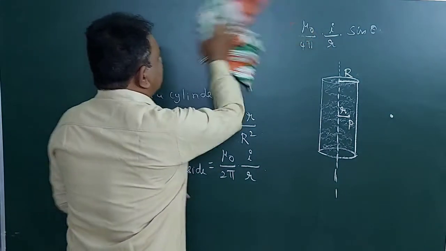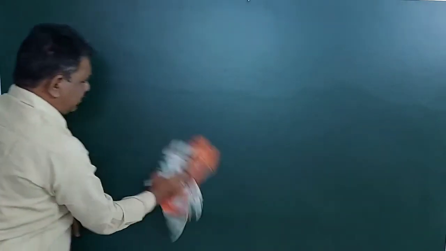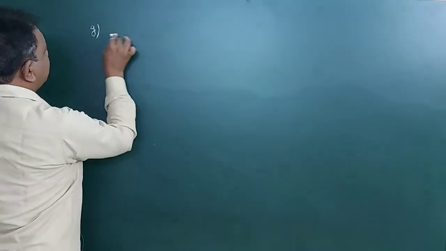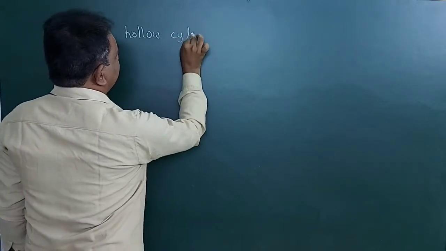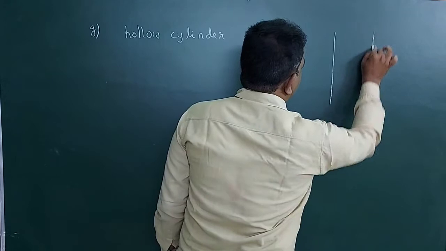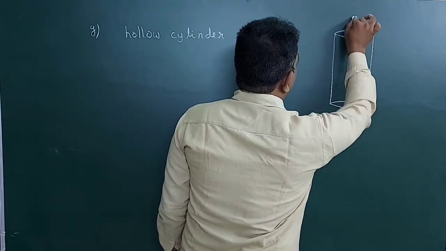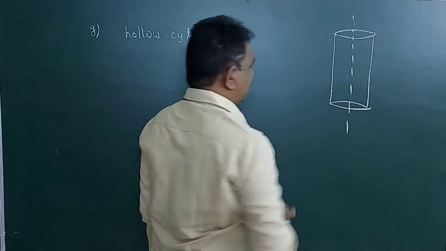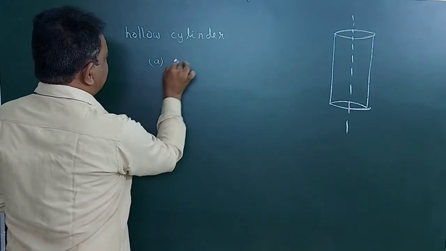If it is a hollow cylinder, not a solid cylinder, then what will happen? See, this is a hollow cylinder. This is the axis. Then inside it will be 0.